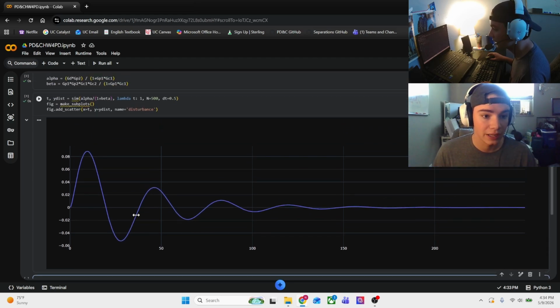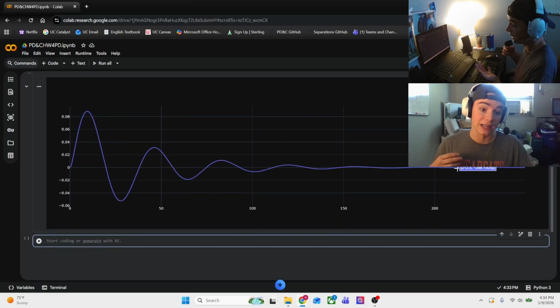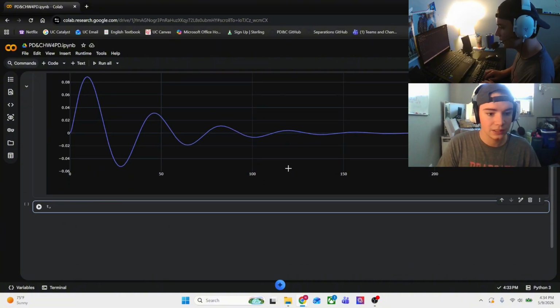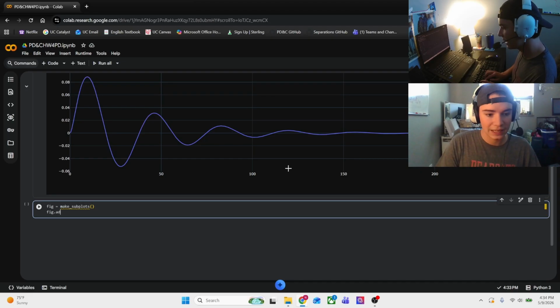So now we can go ahead and look at our y reactor or y set point if we were talking generally. So we can say that our t and ysp, or first I need to do fig equals make subplots one more time. And then we can do fig dot add scatter.